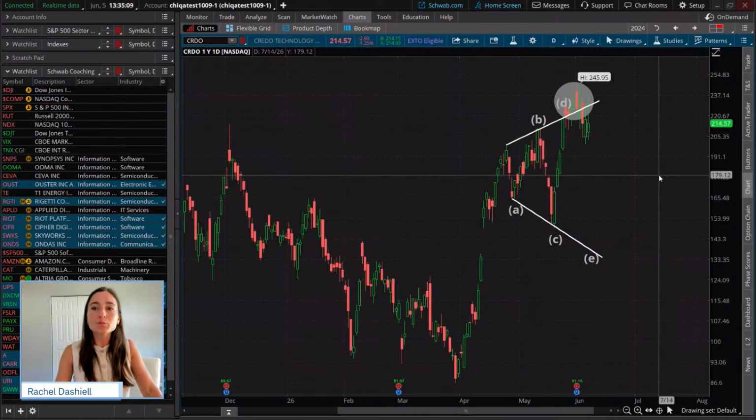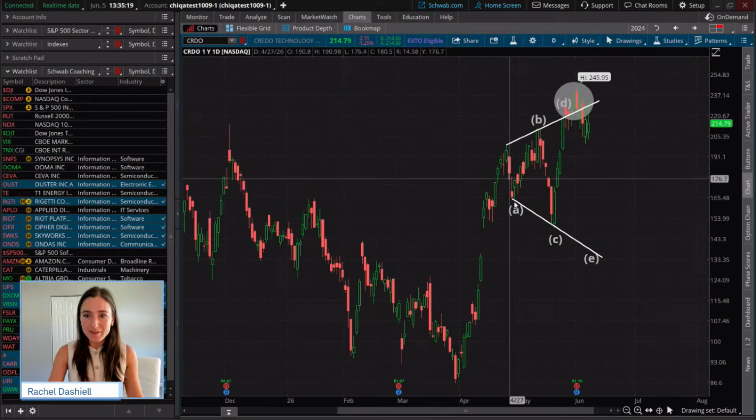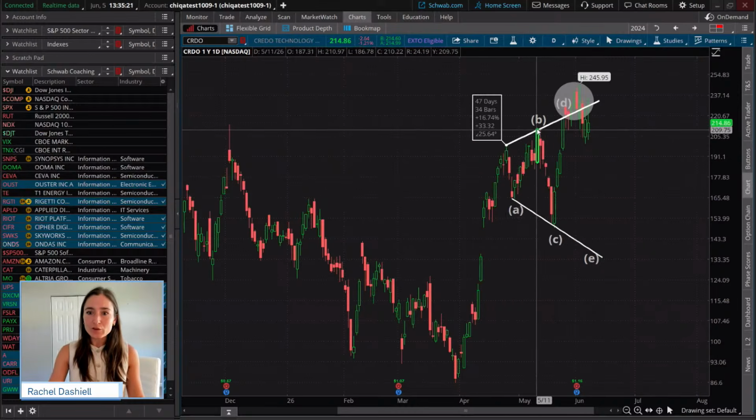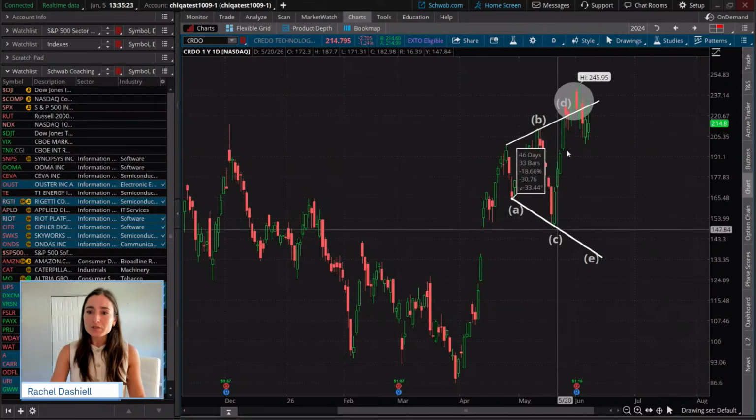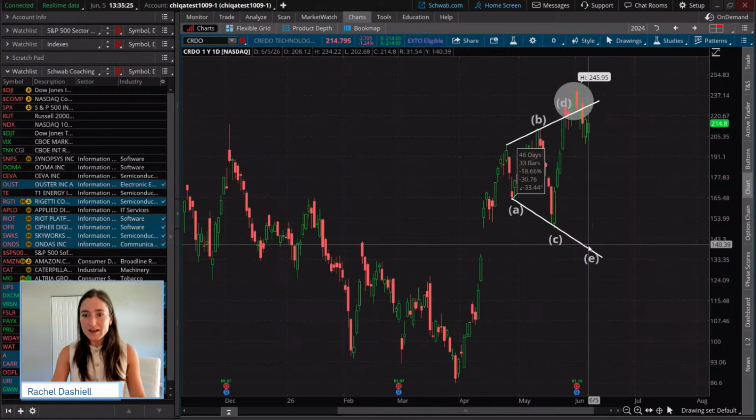So that's why it's important to understand that this is a 5 wave corrective wave. That's your 3 3 3 3 3. Okay, so you have your wave A, which is small, you have your wave B, which is bigger, you have your wave C, D, and then all the way down to E.